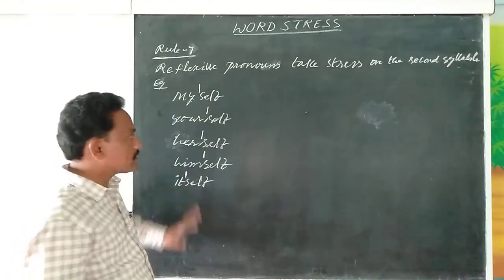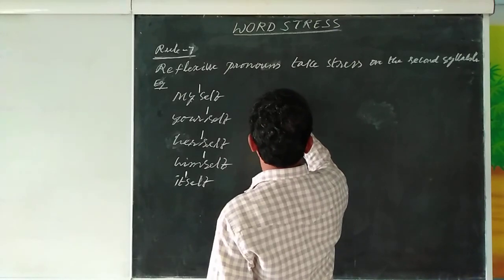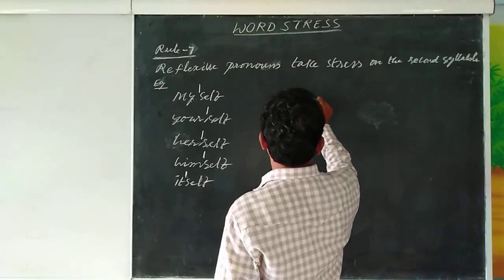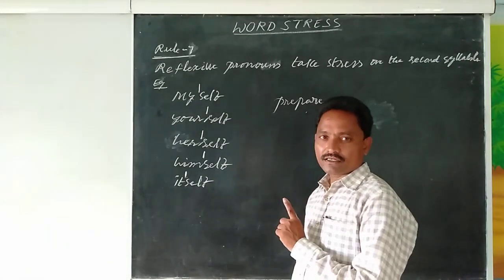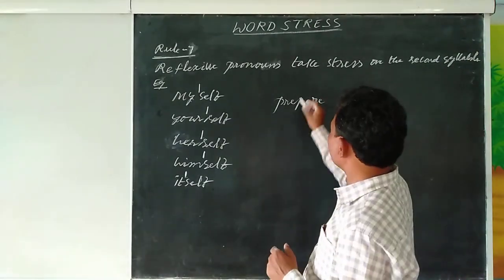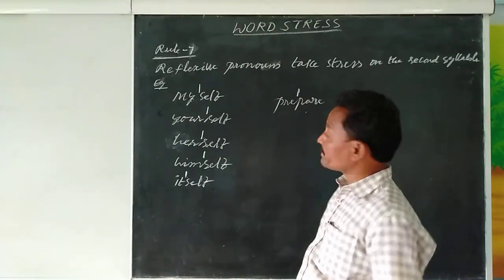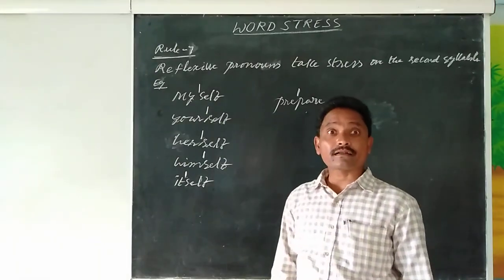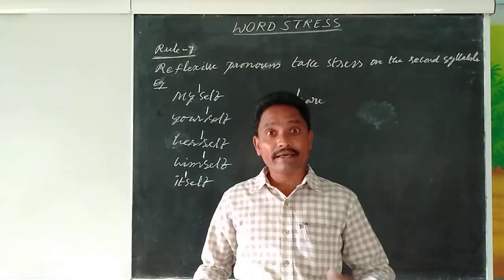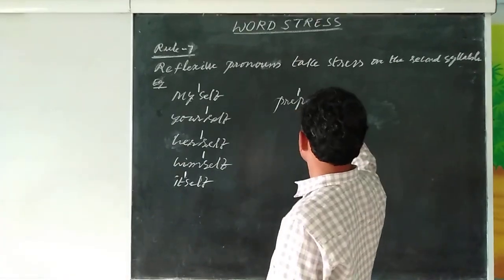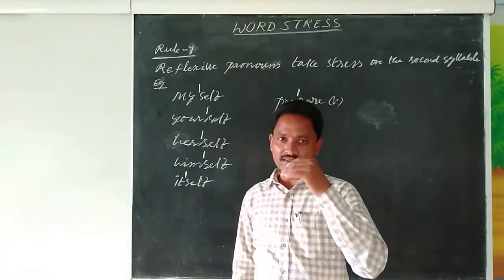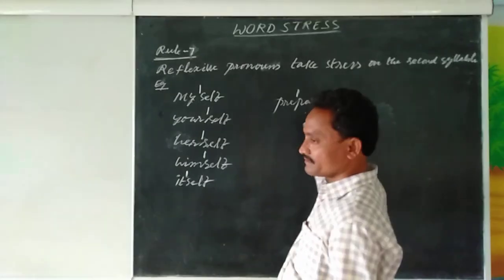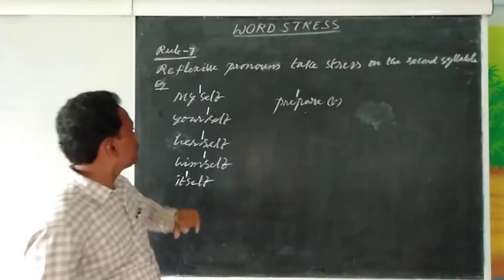Prepare, P-R-E-P-A-R-E, is also a disyllabic word. In this word, stress is on the second syllable. Prepare. This is a verb. If it is a verb, stress is on the second syllable.